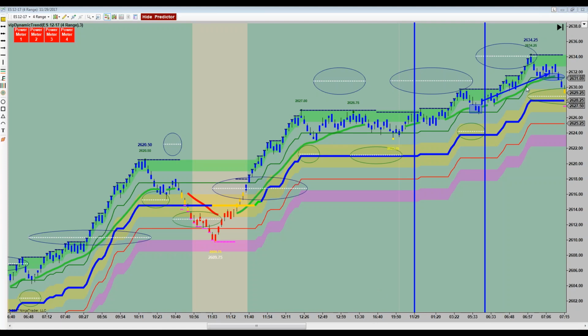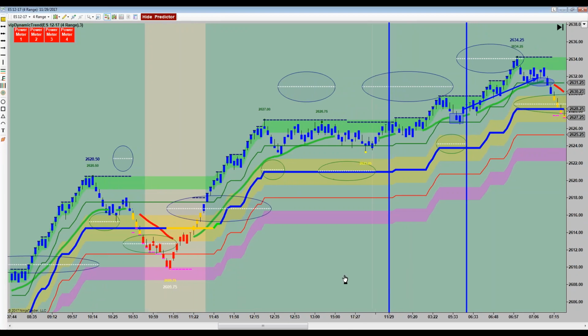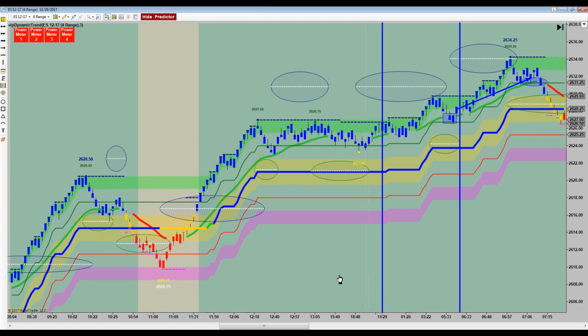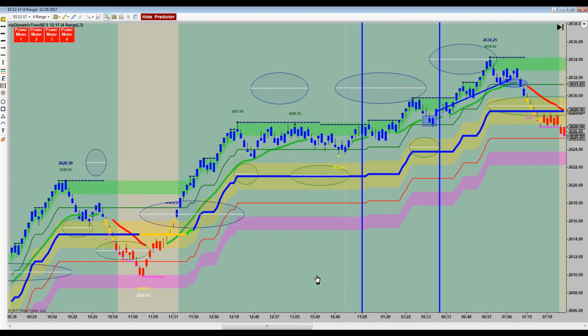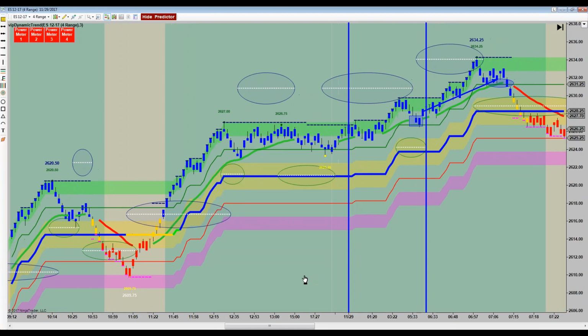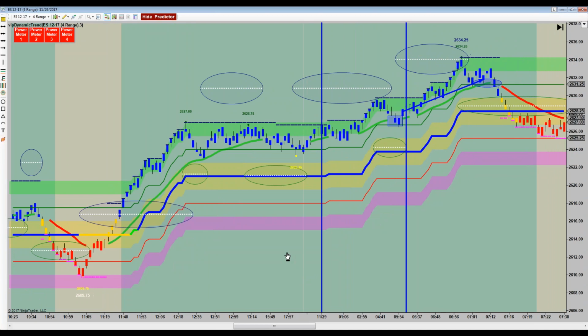Start advancing the chart. We're focusing on the right-hand side, and this is ES. Here we go. Okay, we're at 7:15. 7:22.